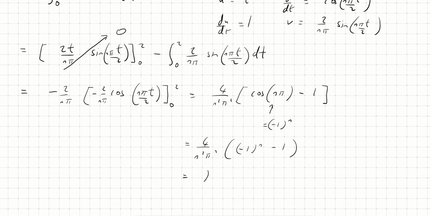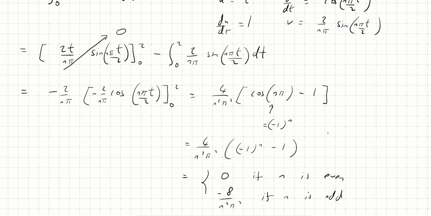So this whole thing comes to 0 if n is even, or 4 over n squared pi squared times minus 1 is minus 2, so it's minus 8 over n squared pi squared if n is odd. This sort of idea is quite common in Fourier series. You'll have different coefficients depending on whether n is an odd or an even number. So in this case, if n is even, we get 0, and if n is odd, we get minus 8 over n squared pi squared.